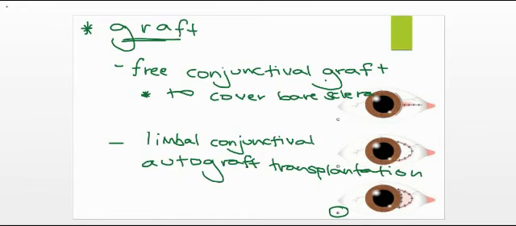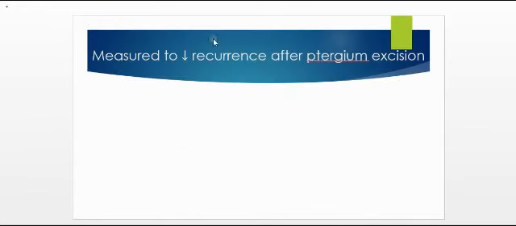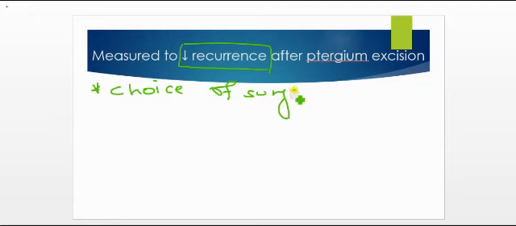Now, as I told you, recurrence rate is very high. So how are you going to reduce recurrence? You have to use two important techniques. Your choice of surgical technique can decrease recurrence tremendously.